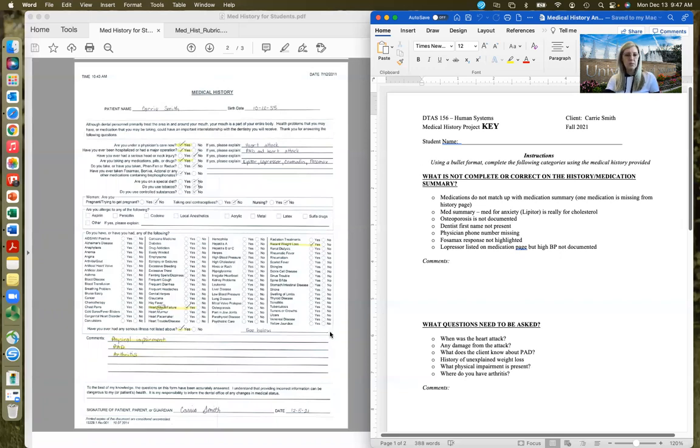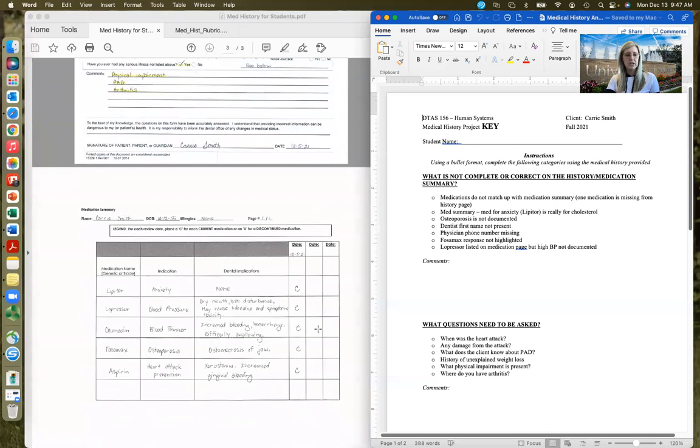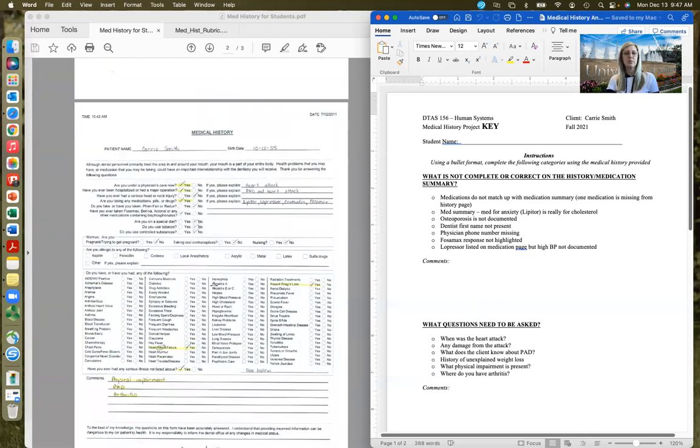Osteoporosis is not documented on this med history as well. Okay, but it should be, because again, they're listed as taking Fosamax, which is a medication that treats osteoporosis, or it is indicated for patients who have osteoporosis. Okay, so a lot of things having to do with medications.